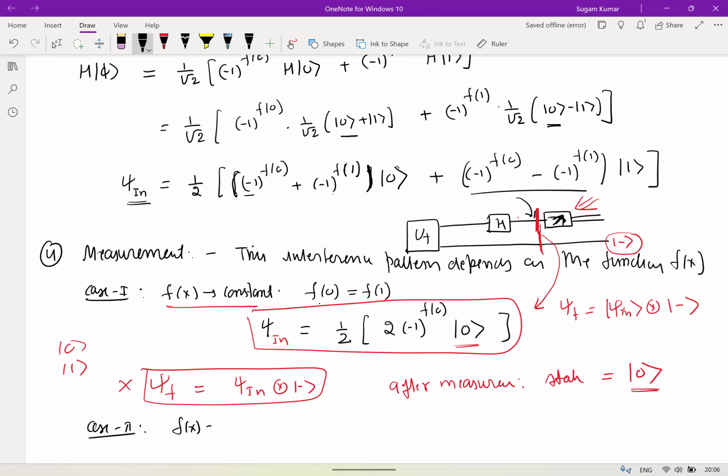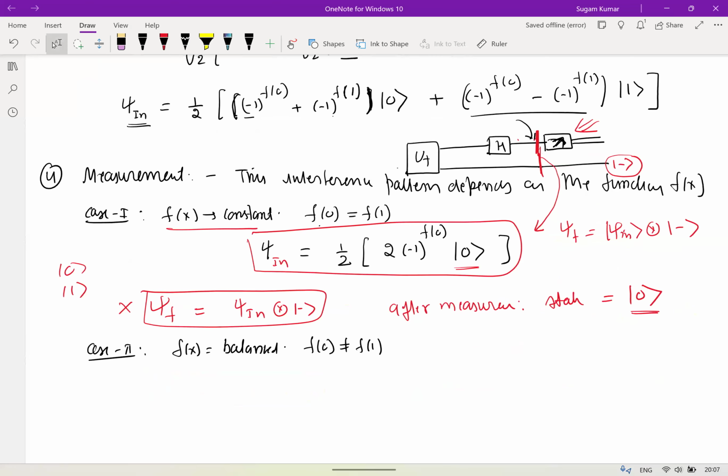Let's say f(x) is balanced. If f(x) is balanced, it means f(0) is not equal to f(1). So it can be, let us say, f(0) is 0, then f(1) will be 1, or if f(0) is 1, then f(1) will be 0.